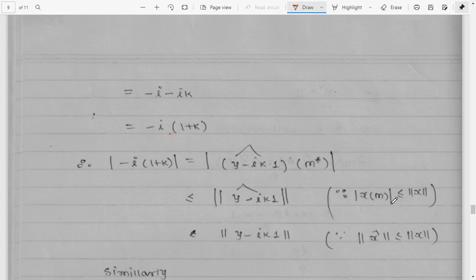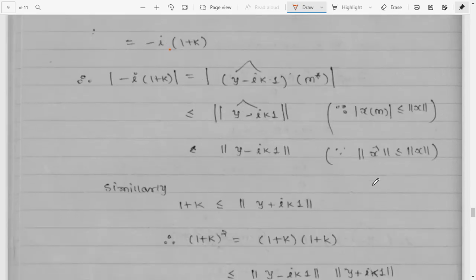But mod x cap of m is less than or equal to norm x. So this is less than or equal to norm of y minus ik·1, and also norm x cap is less than or equal to norm x. So this is less than or equal to norm of y minus ik·1.